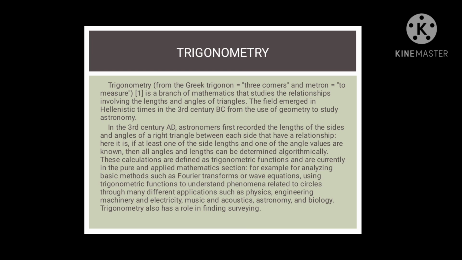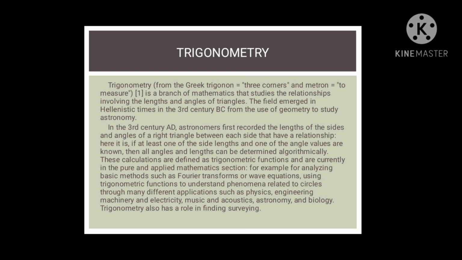For example, for analyzing basic methods such as the Fourier transform or wave equation, using trigonometric functions to understand phenomena related to circles through many different applications such as physics, engineering, machinery and electricity, music and acoustics, astronomy and biology.